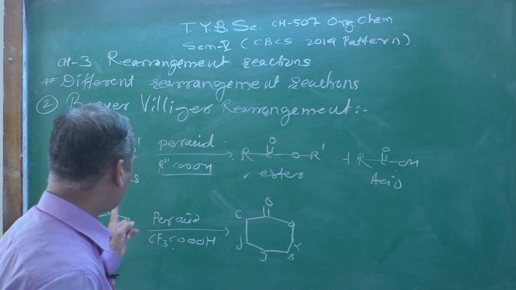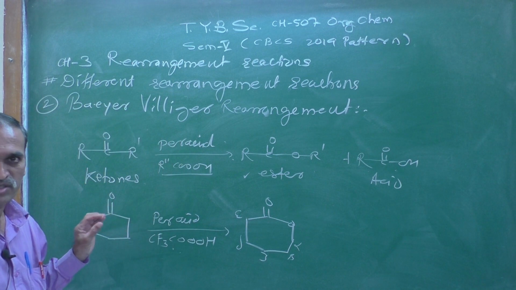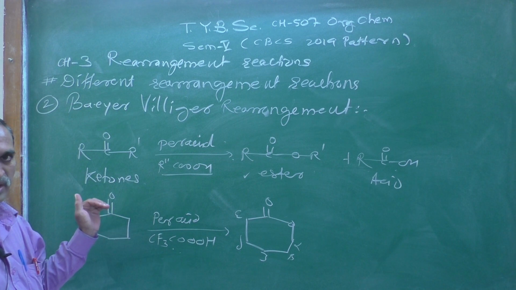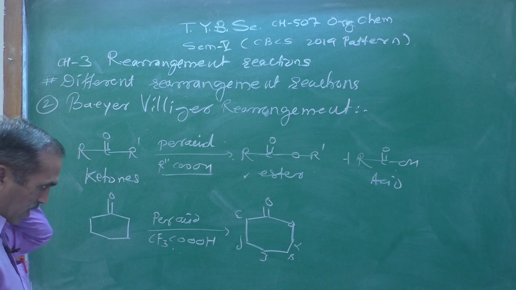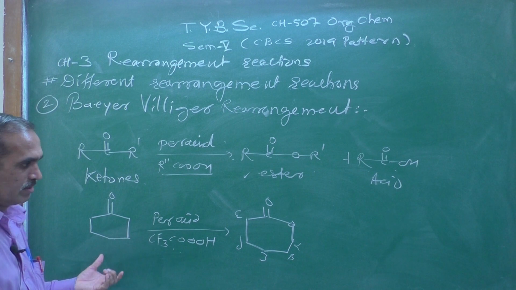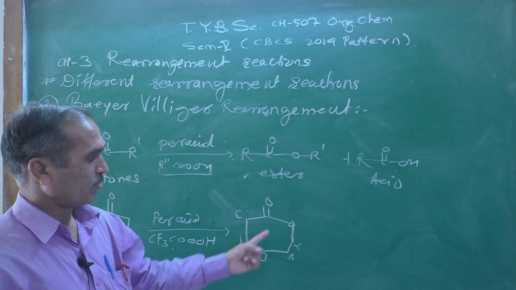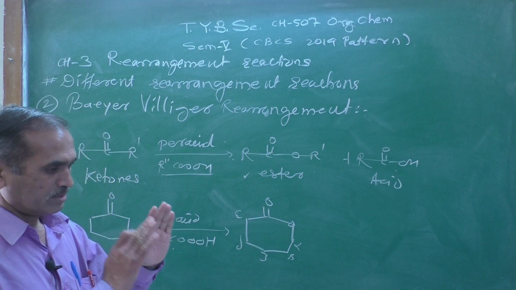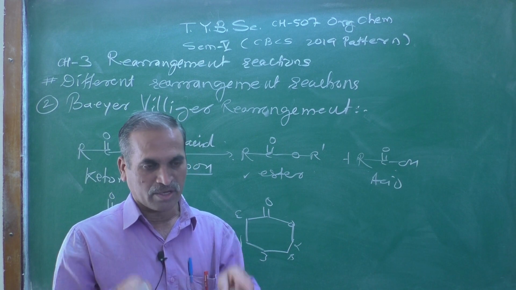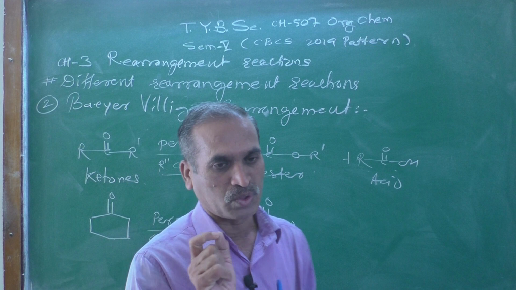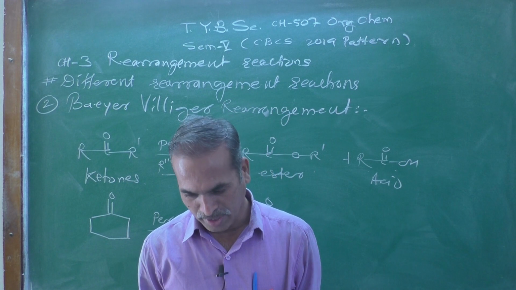If you observe the starting material, it is a 6-membered ring ketone, cyclohexanone, which I have taken here as an example, and I got here caprolactone. When the ester is present in a ring form, that particular compound is generally called a lactone.